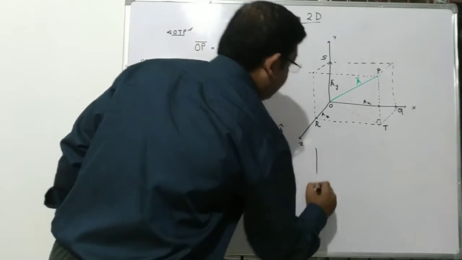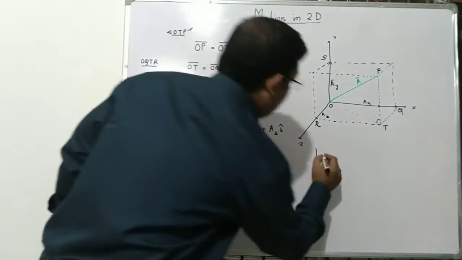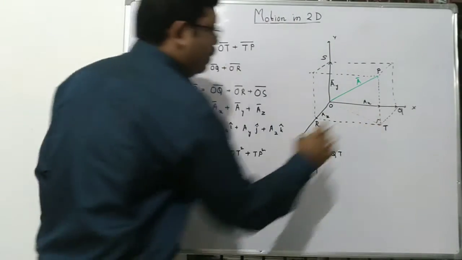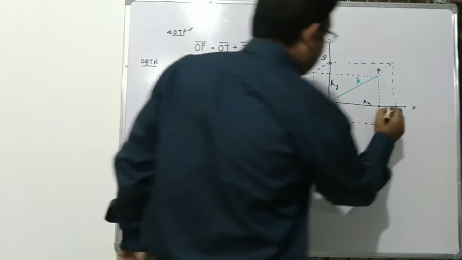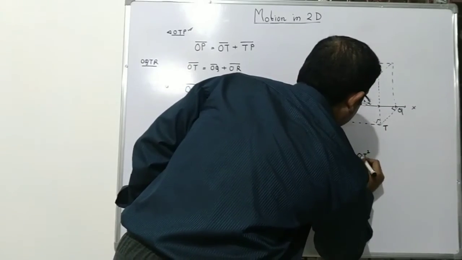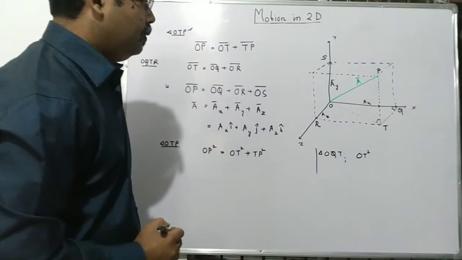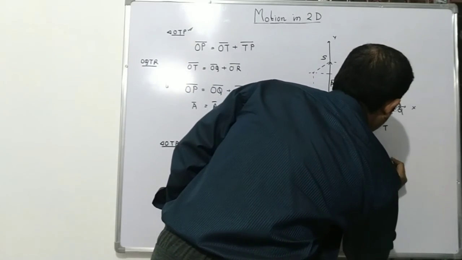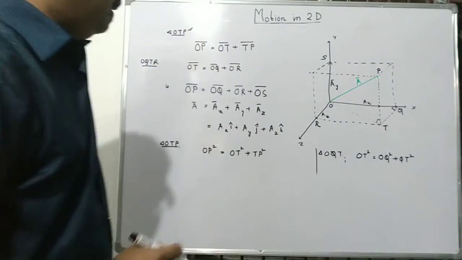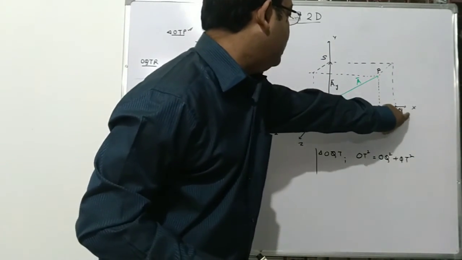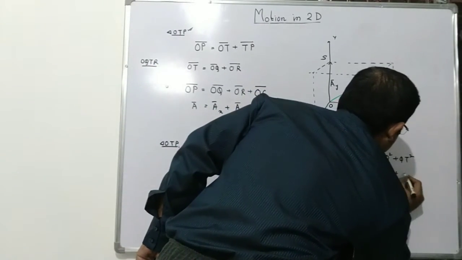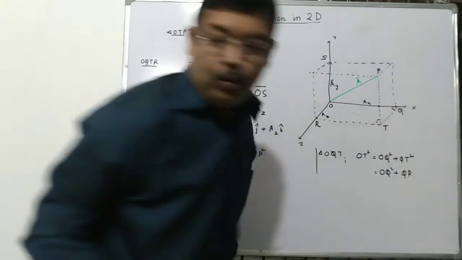Also, if we consider the triangle OQT, which is again a right angle triangle having the right angle here, it will give us OT squared equal to OQ squared plus QT squared. However, from the geometry, QT is equal to OR. So this is equal to OQ squared plus OR squared.